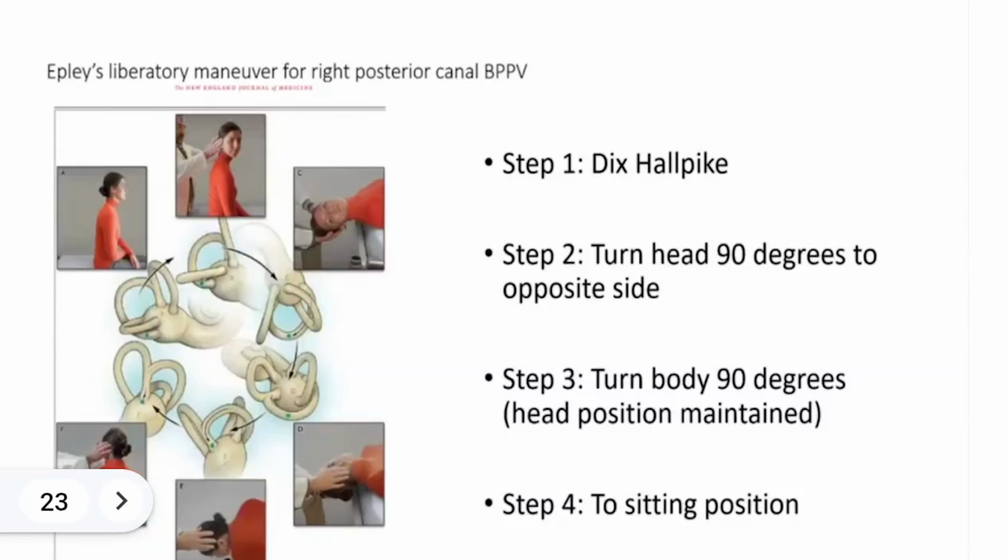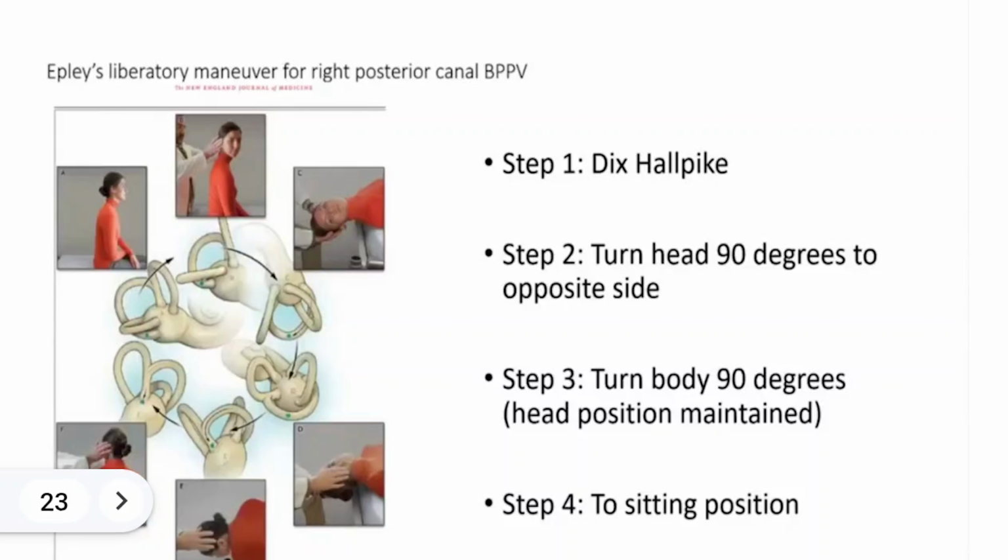The first step is the Dix-Hallpike manner itself: the patient is made to lie in the supine position by hanging the head from the edge of the table, rotating the head 45 degrees outwards and extending the head 30 degrees upwards, and stays in this position for at least 1 minute.